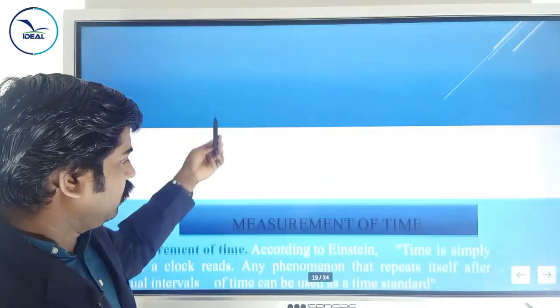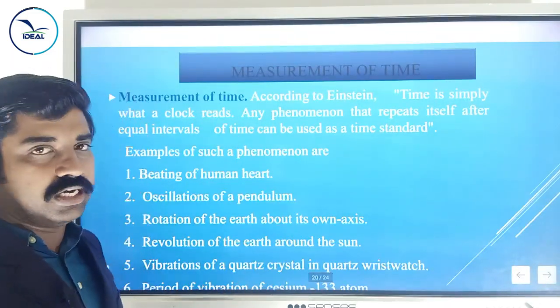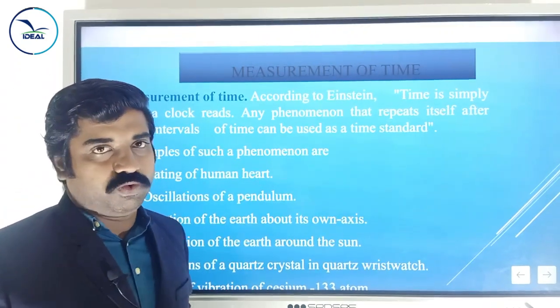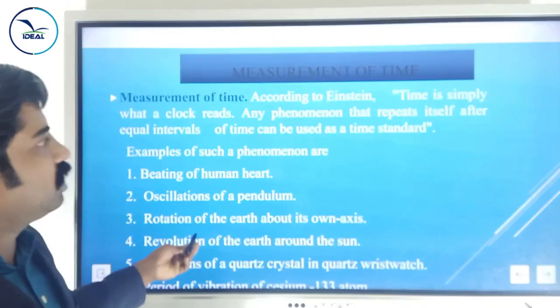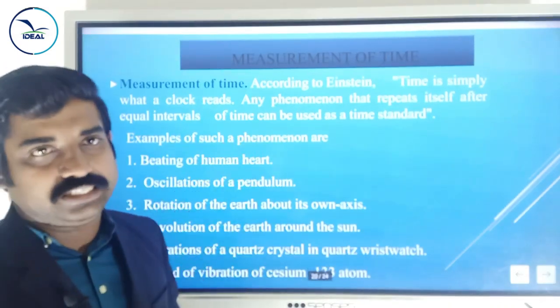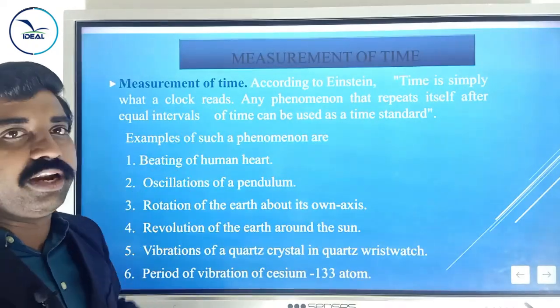Okay, then the next one, measurement of time. You have an idea about time. What is time? That we already discussed. So, measurement of time: according to Einstein, time is simply what a clock reads.